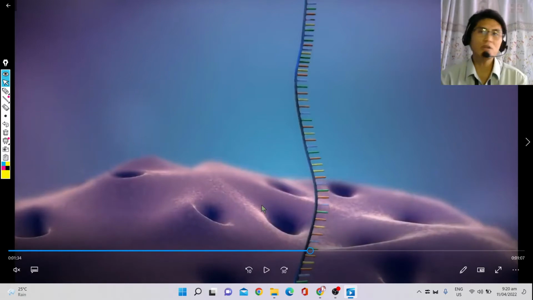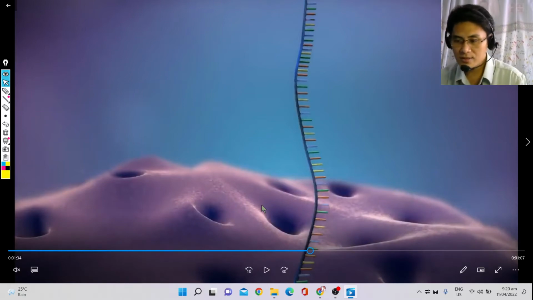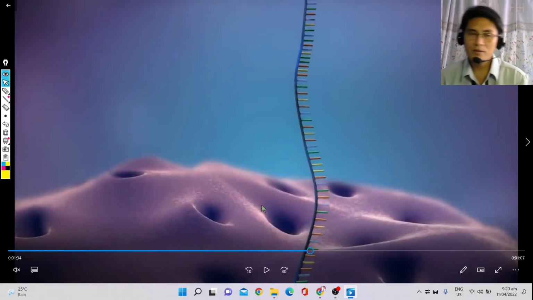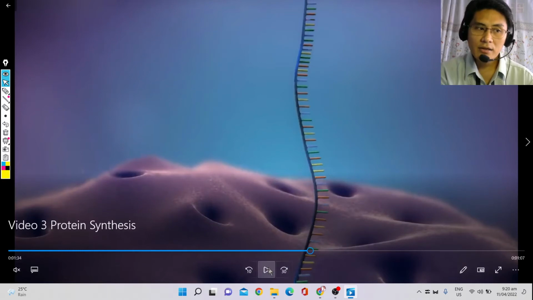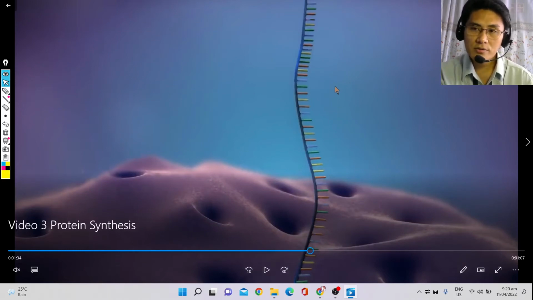So think of the nucleus as the safety vault, the vault where you keep your secrets, right? And you only copy a piece of it, and then after you have copied, you leave the vault to read the instructions.